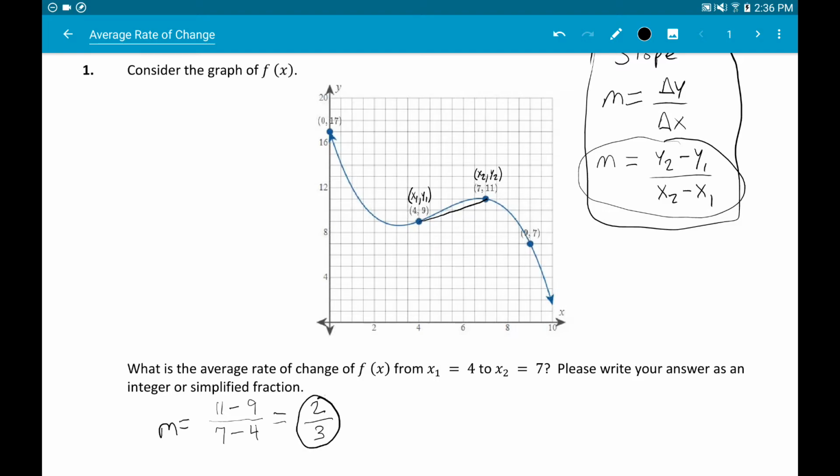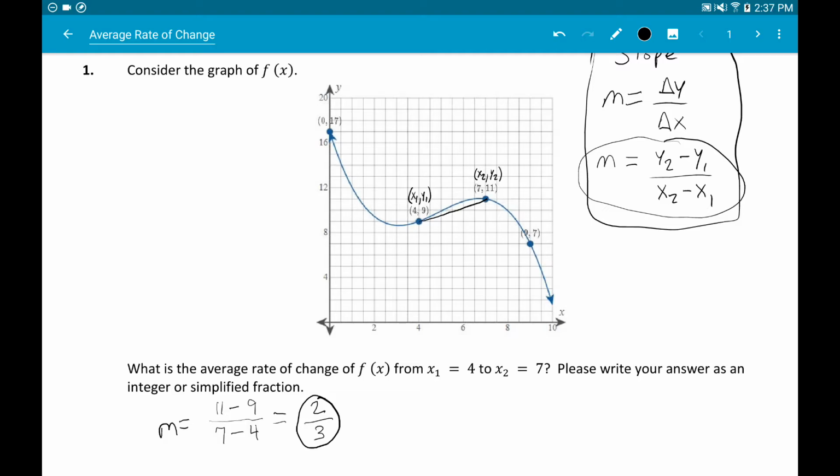So the slope of that line is 2/3. In other words, the average rate of change between 4 and 7 is 2/3. So it's actually pretty simple. It's literally the same thing as slope in algebra. It's just we're applying it to any type of graph rather than just a line.